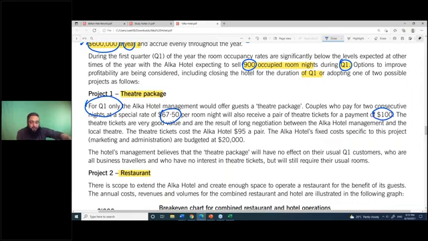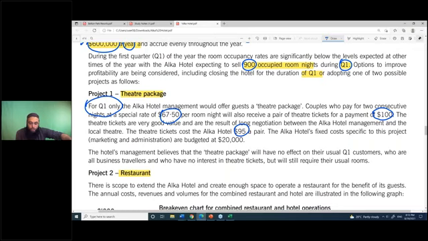It's a theater package that they are introducing for quarter one. The theater tickets are very good value and are the result of long negotiation between the Elka Hotel Management and the local theater. The theater ticket costs Elka 95.